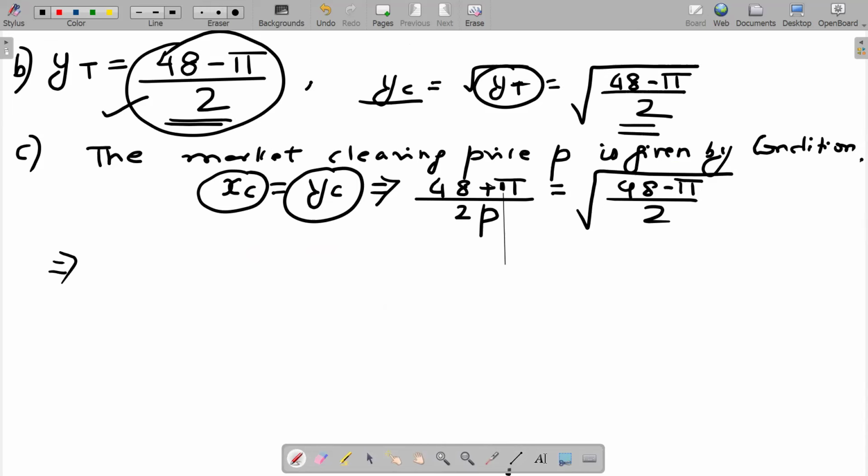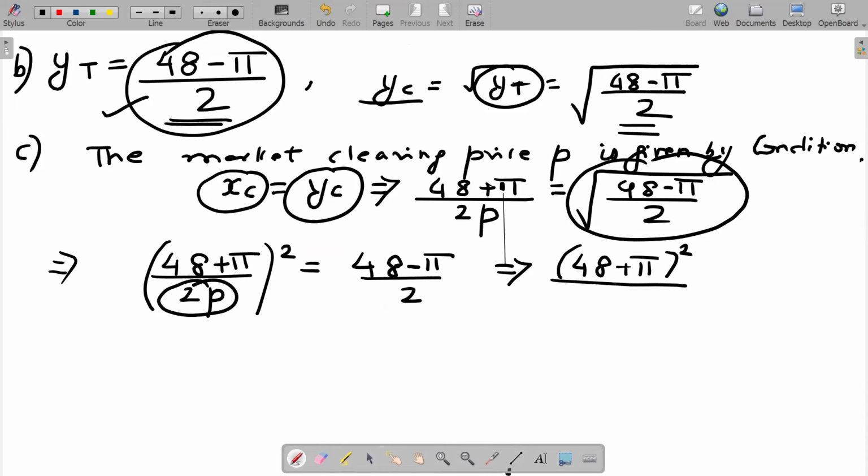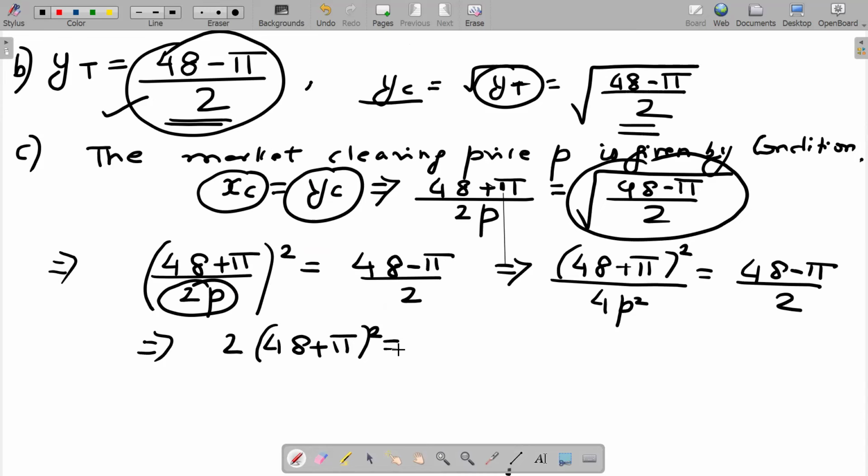So if I square both sides, (48 plus pi) squared over 4p squared is equal to, if I square this, the square root will vanish, so I get 48 minus pi by 2. So this implies (48 plus pi) squared times 2 is equal to 4p squared times (48 minus pi).